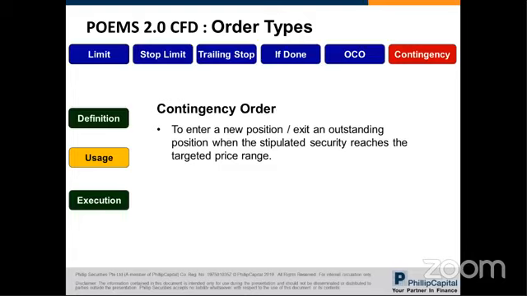If I want to let SIA be a proxy for China Aviation, I have this hypothesis that the demand for aviation oil will be reduced if flights are cancelled because of COVID-19. Then if SIA's share price falls to a certain range that I set, I will initiate a sell order for China Aviation. That's one way you can use this contingency order.